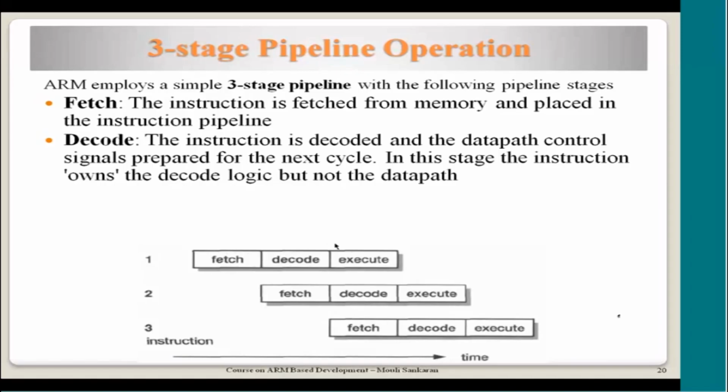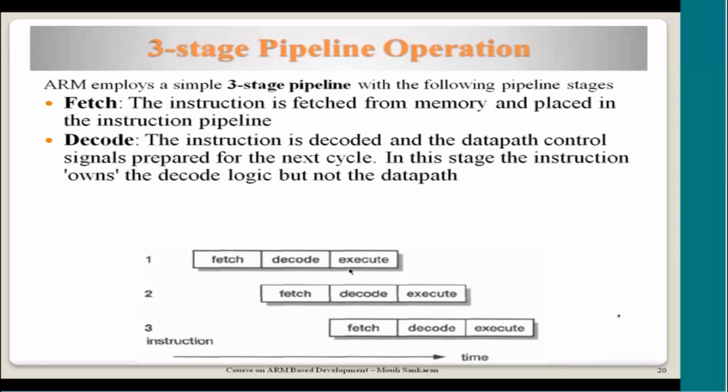and that information has to be communicated to the data flow during the execution so that relevant registers get opened up and the data parameters are passed on to the ALU and the results are returned back to the register file. So respective control signals for enabling a particular register content to be available on the bus and then the ALU output to be returned to a particular register, they all happen based on the control signals coming from the decode logic.